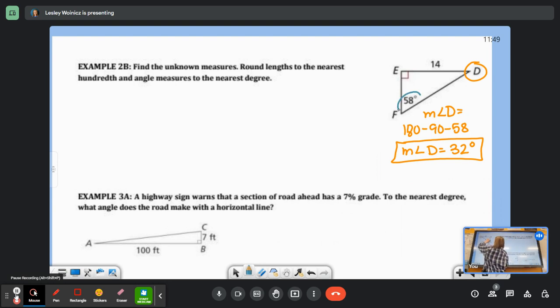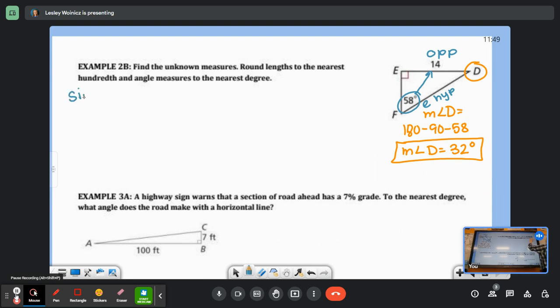So from our 58-degree angle, the 14 is the opposite side, and the hypotenuse is, of course, the hypotenuse. Let's call that E, little e. Opposite over hypotenuse, that's it. Yeah, opposite over hypotenuse is the sine.